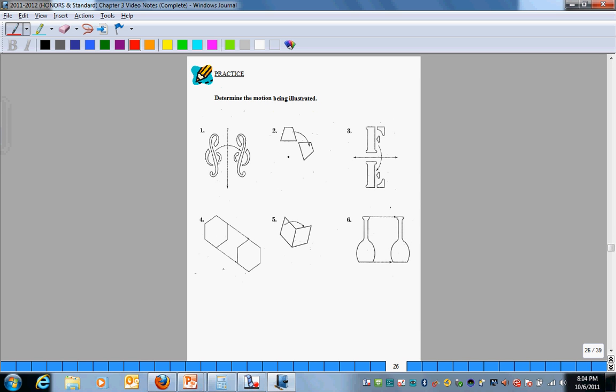Take a moment and name the motions in the diagrams provided, 1 through 6. Here we see there's a mirror image. Looks like a mirror. This would be a reflection.